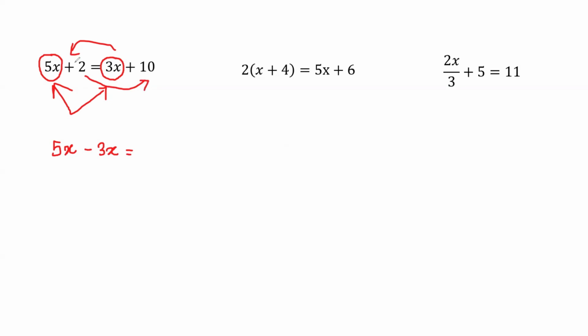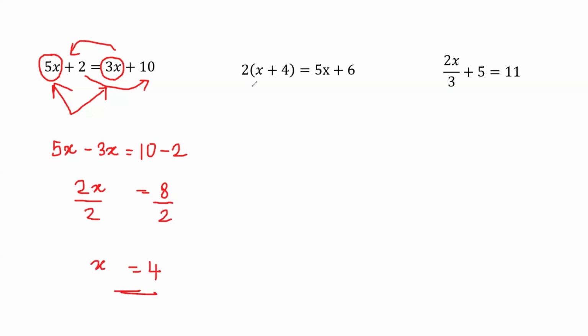Minus plus 2 will be minus 2. 10 minus 2, so here you can do the subtraction, which is 2x, and 10 minus 2 is 8. Now divide by 2, this side also divide by 2. So x will be equal to 4.